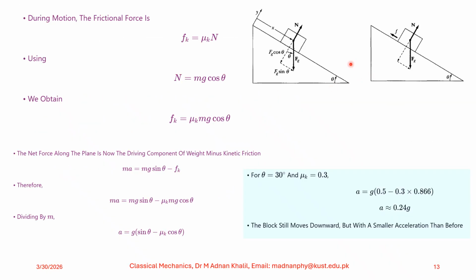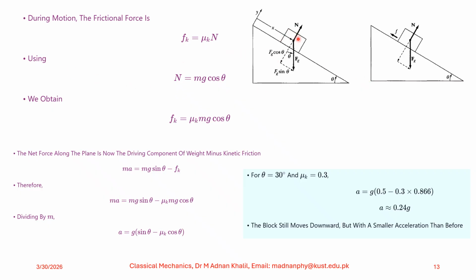So the first thing is to resolve the forces along the axis and define the frictional force in terms of mu k now, because the object will be moving, because the angle is 30 degree, which is greater than the 22 degree for the same configuration as we have discussed in the previous example.